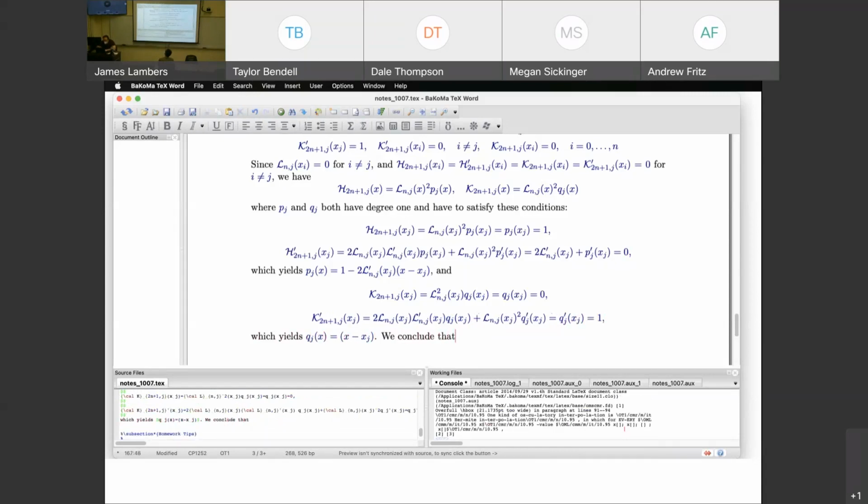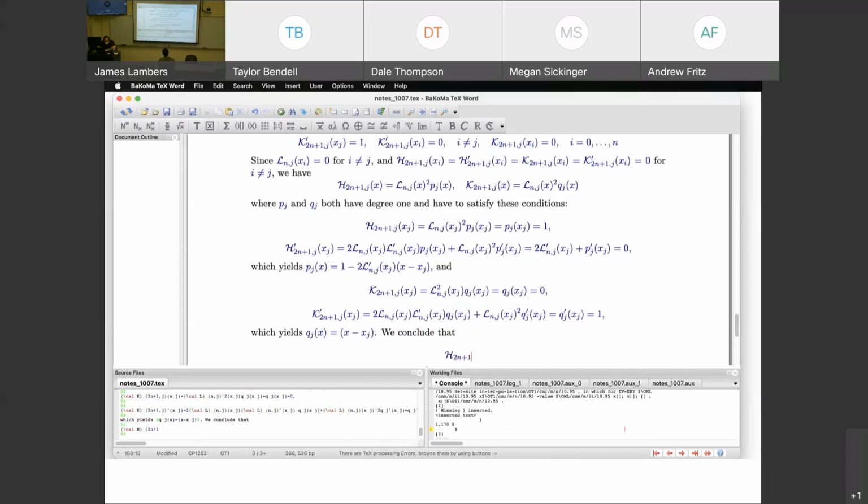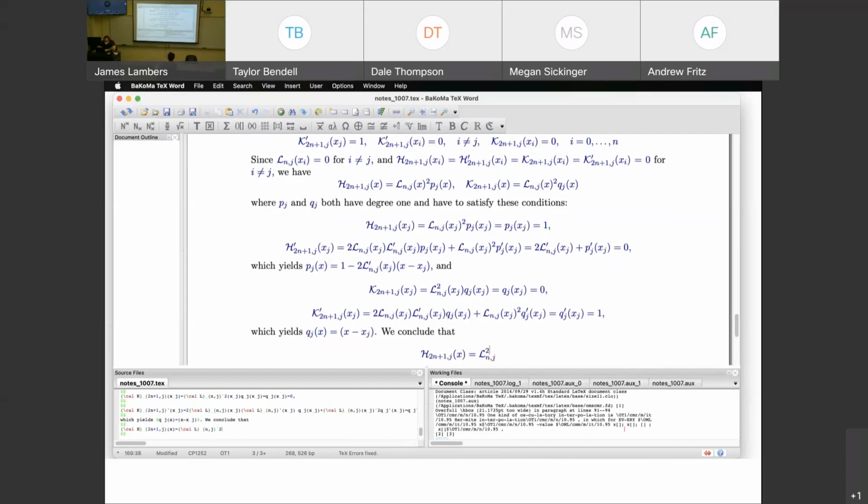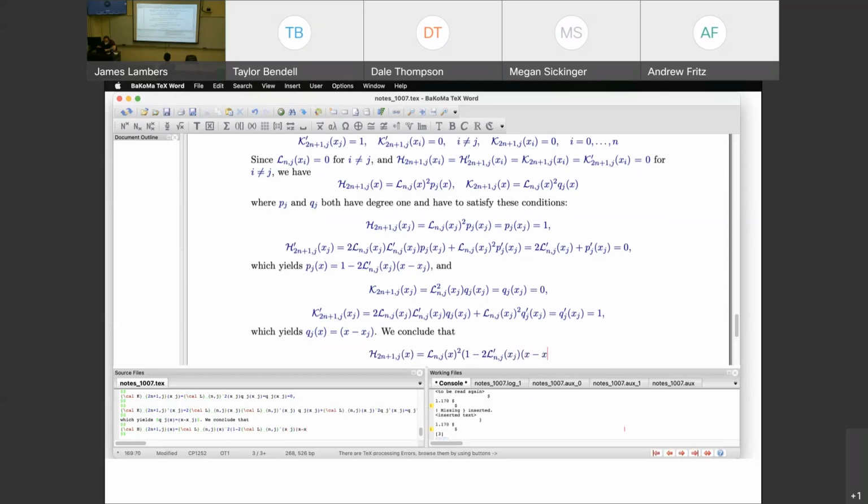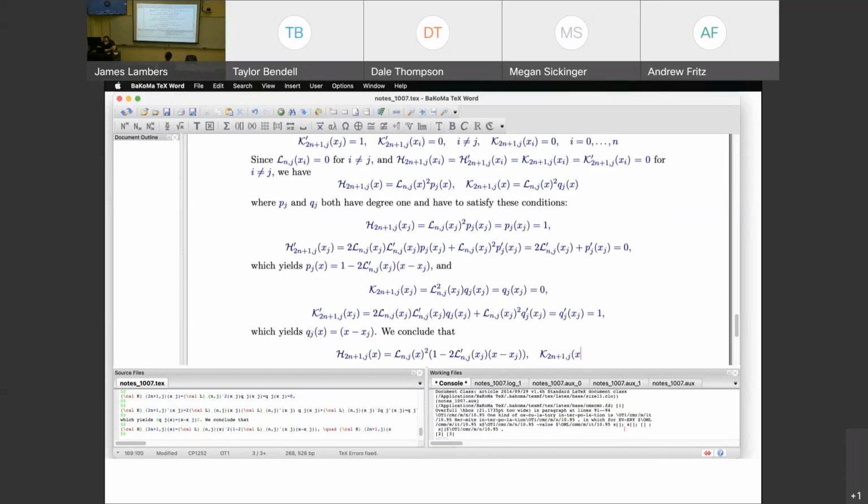So putting it all together, the h's equal the Lagrange polynomials squared, times 1 minus 2 Lagrange squared times x minus xj. There, it's done.